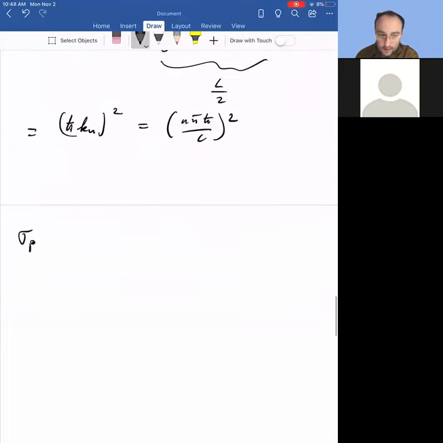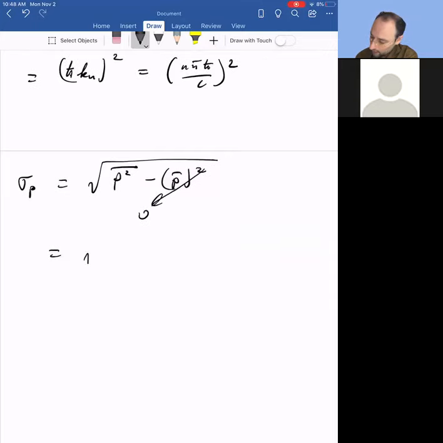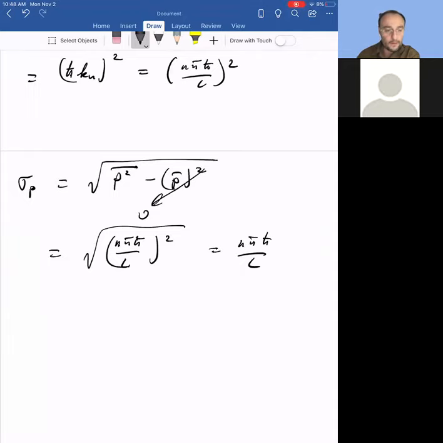And I can compute the standard deviation. This is 0, which is n pi h bar over L squared, equals n pi h bar over L.